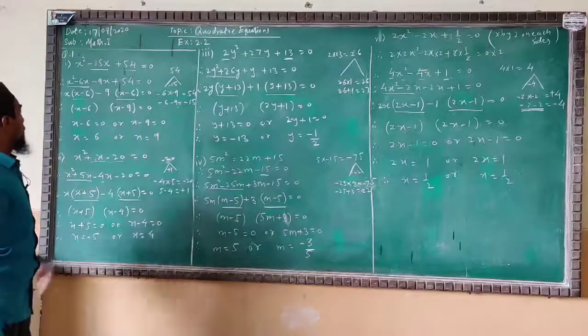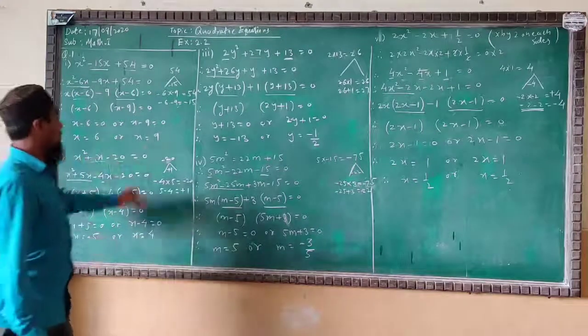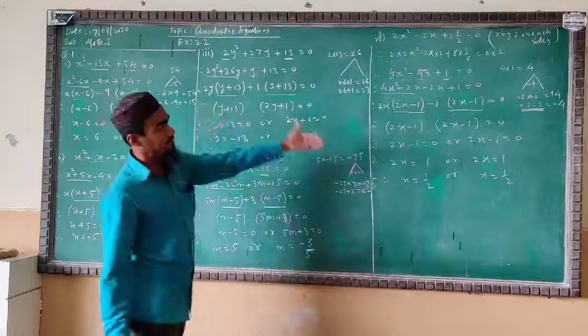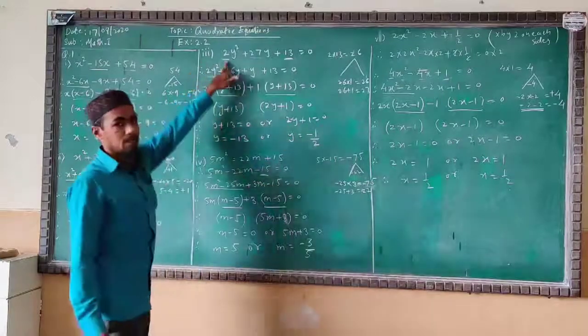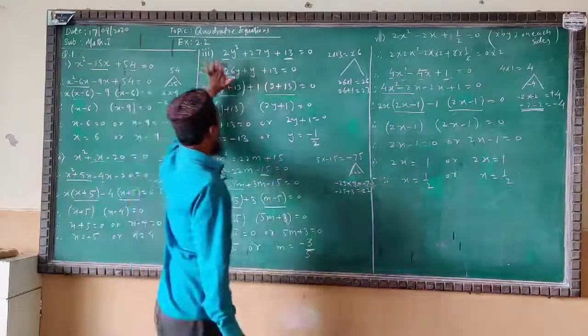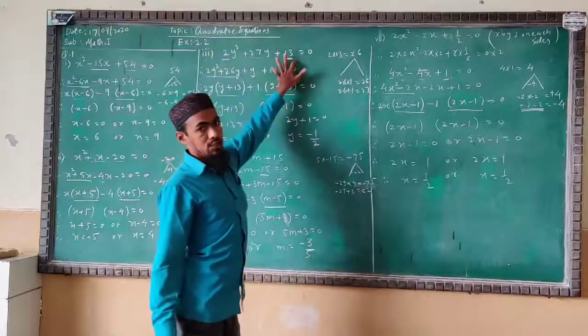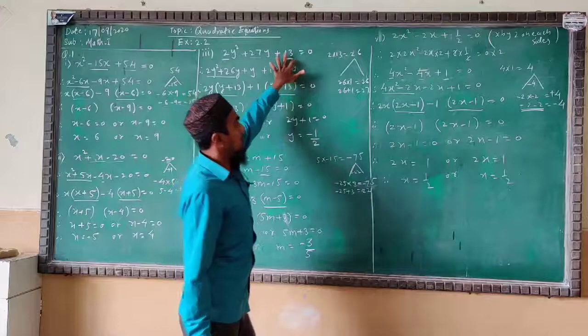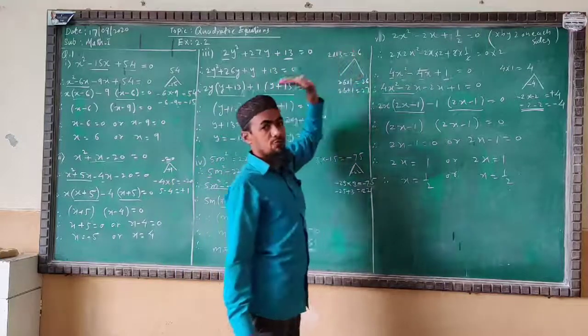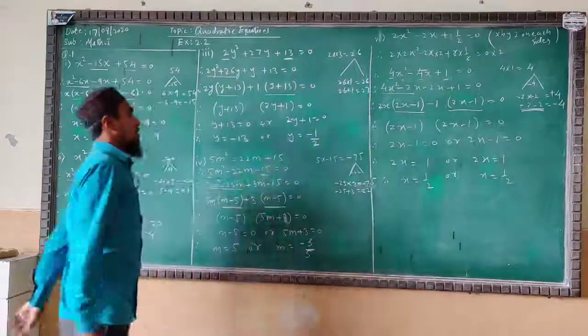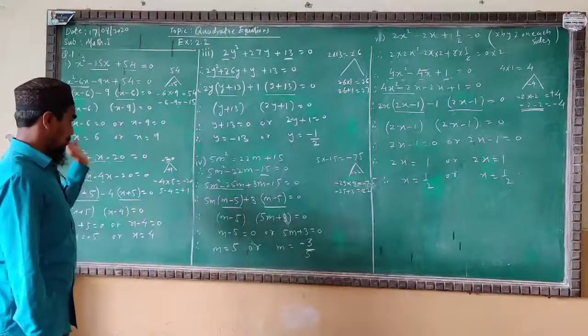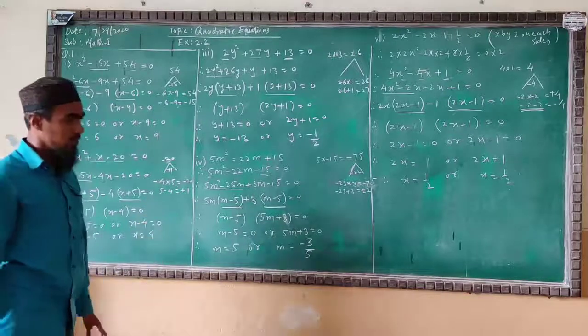If you are getting more than one coefficient, as in the third, fourth and fifth questions, you will have to take the product of the first term, meaning the coefficient, and the third term. Whatever product you get, you have to search for that number. Now at home you will do it many times for your perfection.